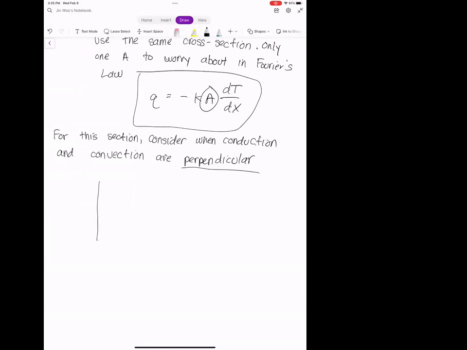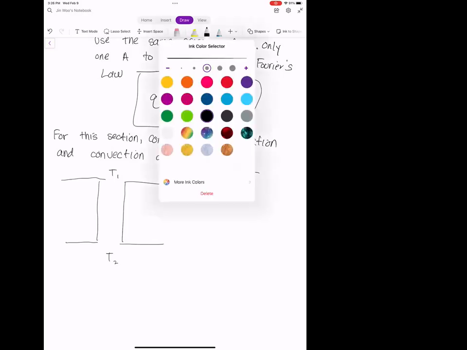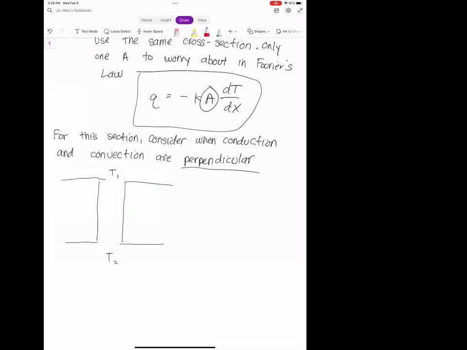Let's say we have a pillar. And let's say that we have a difference in temperature on one end of the pillar and the other. And since we have a difference in temperature from top to bottom, we know that there's going to be some conduction heat transfer, just naturally, because there's a temperature difference between those two areas.